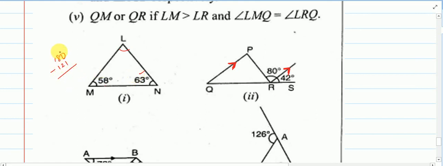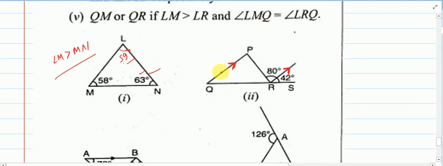So subtract: from 10 you are subtracting 1, you are getting 9, and from 7 minus 2 you are getting 59. So opposite to MN is 59 and opposite to LM is 63, so which is bigger? 63 is bigger than 59. Therefore LM will be bigger than MN. So answer is LM.